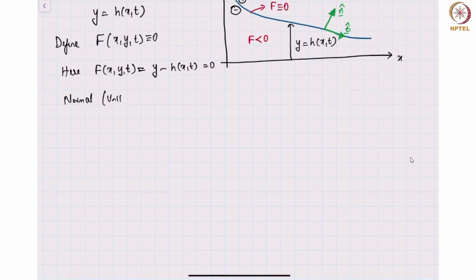the unit normal, which we refer to as n hat, is just the gradient of F divided by the magnitude of this gradient.